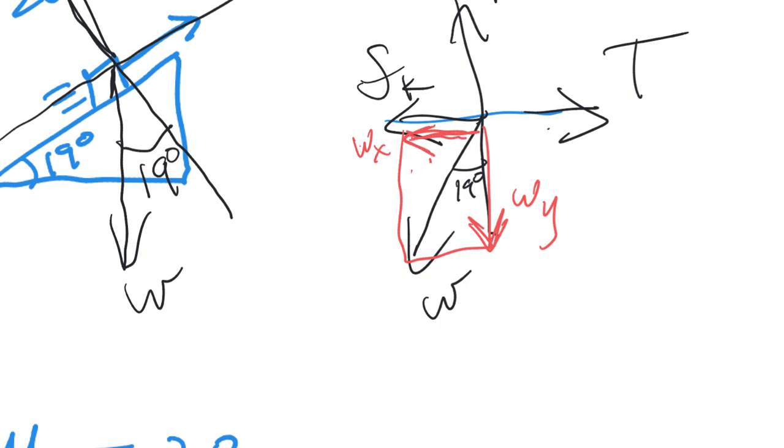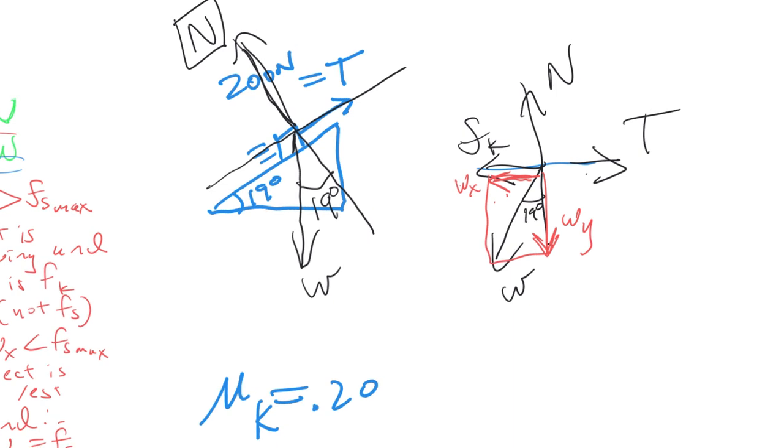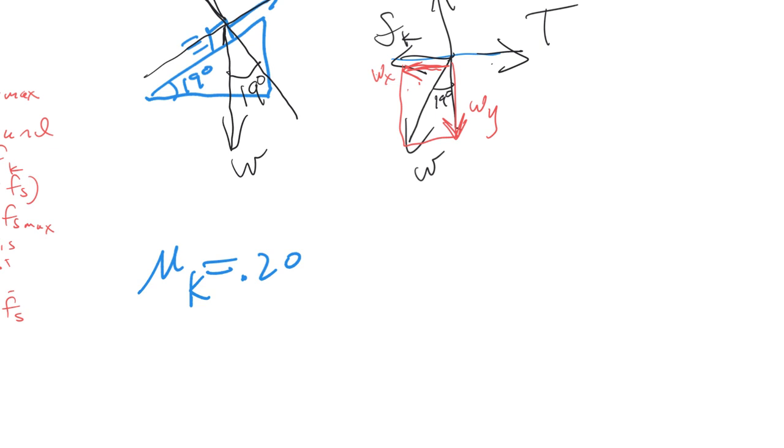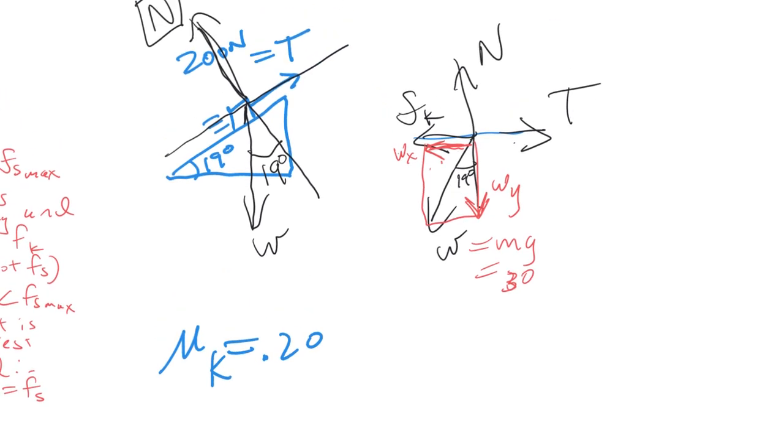Okay, the weight, I forget, hold on. The weight is mg, and the mass is 30 kilograms. That was given. I forgot to write that. The box is 30 kilograms, so 30 times 10 is 300 newtons. That's the weight.